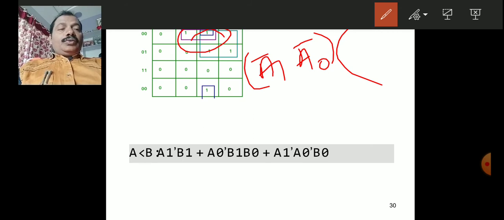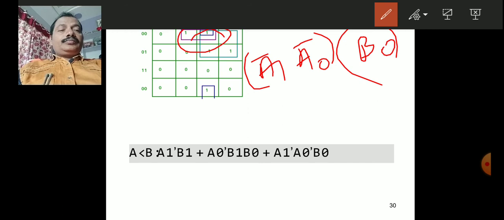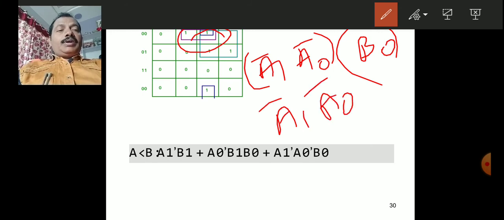In this, only B0 is not changing, hence B0, B1 is changing, hence it is eliminated. So finally A1 bar A0 bar B0. So this is the expression, and this is available here.